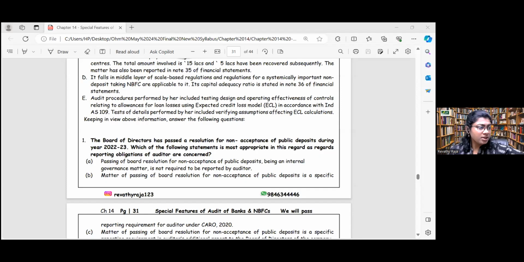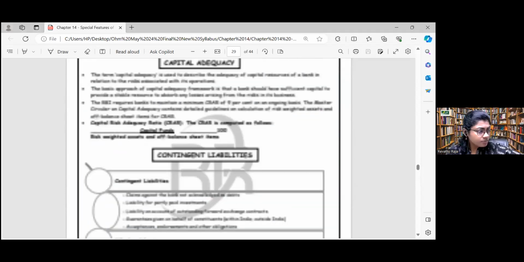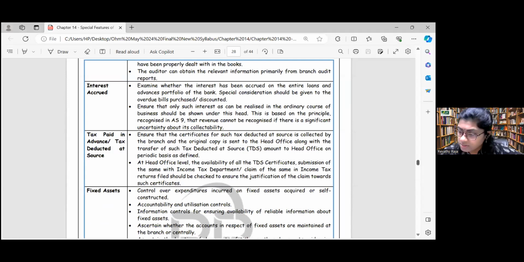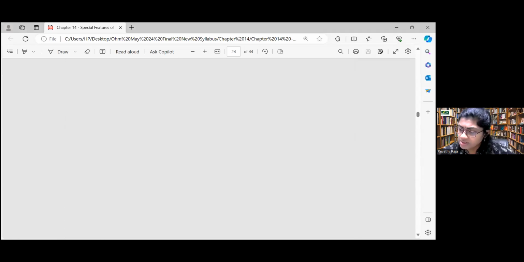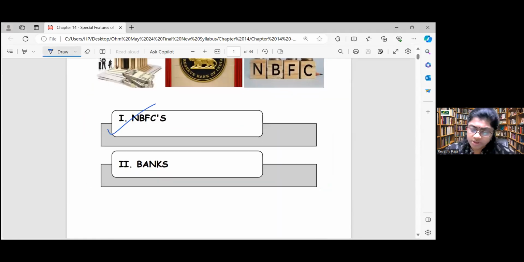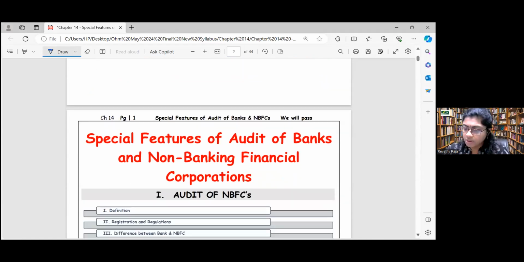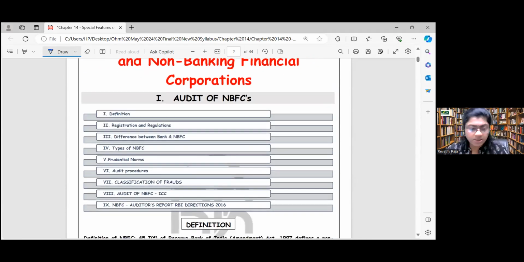That's NBFC. Now, people, this is the material, and it's my material. In that, chapter number 14, we finished NBFC's revision now. If you can see the material, it would be good if you read and highlight it, especially what is not there in the books.